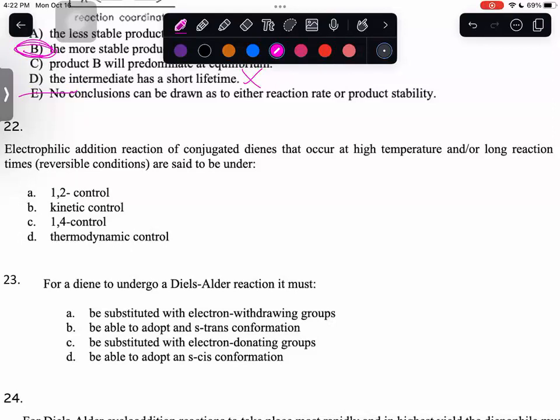So let's take about 2 or 3 minutes. It's all kinetic because you don't have enough energy to make that big hybrid. So if you think a little.